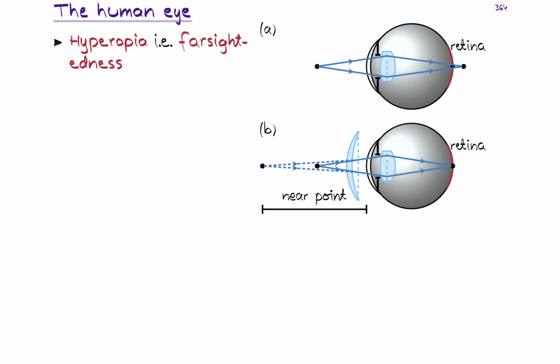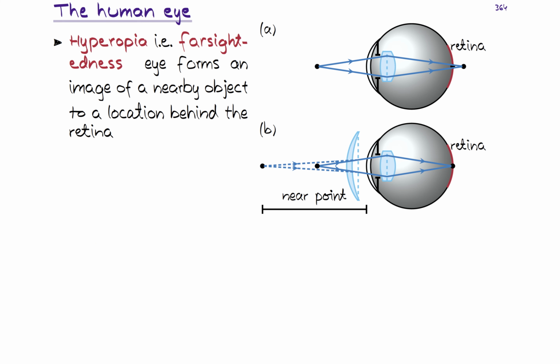This is known as farsightedness. In this vision problem, the eye has problems looking at nearby objects.